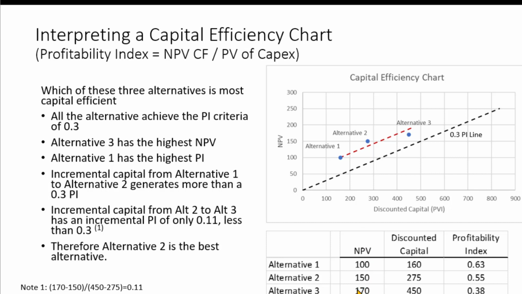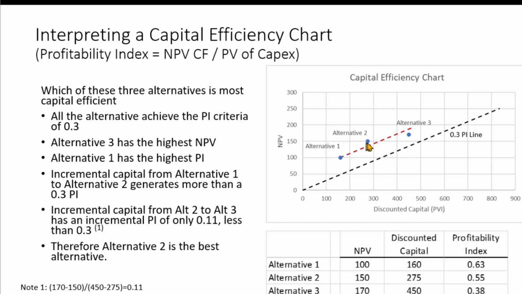But wait, let's look at the NPV. The NPV of alternative 3 is 170 versus alternative 2 of 150. So why do I want to go to an alternative that has a lower NPV? The question becomes, what can I do with that capital? If I could take that incremental capital, in this case, it looks to be what, 175?